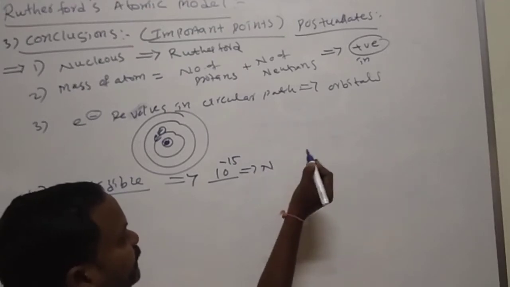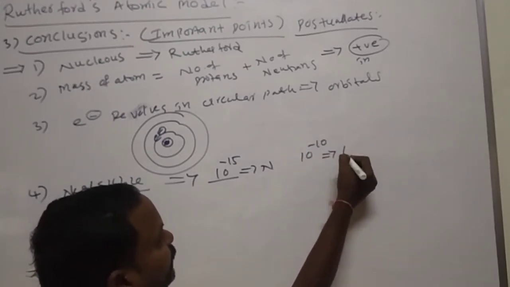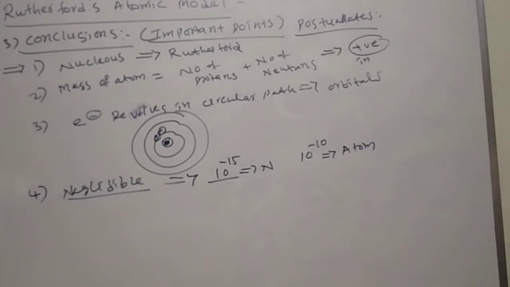The atomic volume of the atom is 10 to the power of minus 10. So the atomic volume of the atom is more compared to the atomic volume of the nucleus. These are the important conclusions, important points, important postulates of the Rutherford atomic model.